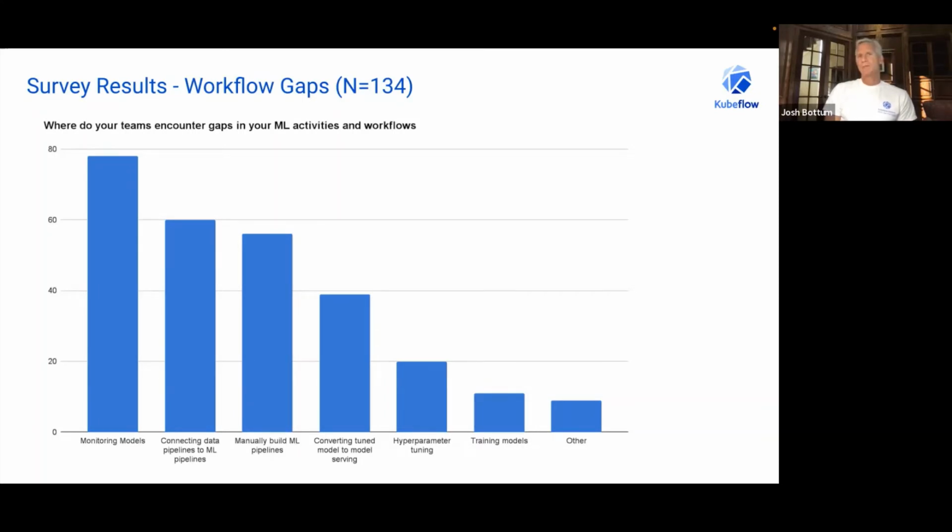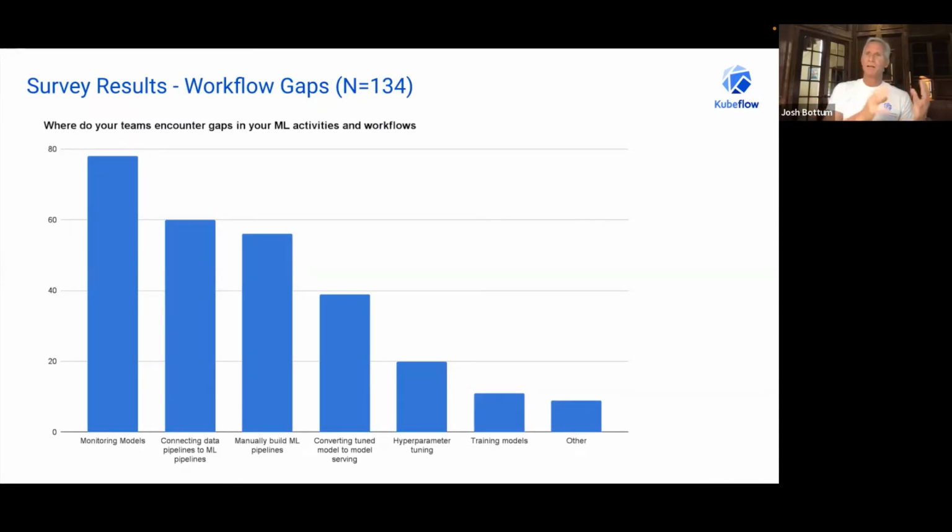The other gaps that we've been told in the survey this year were on ML activities and workflows. So monitoring models, which to me probably says that people are putting more models into production, which is good because they need to monitor them. Connecting data pipelines to ML pipelines, that makes a lot of sense.